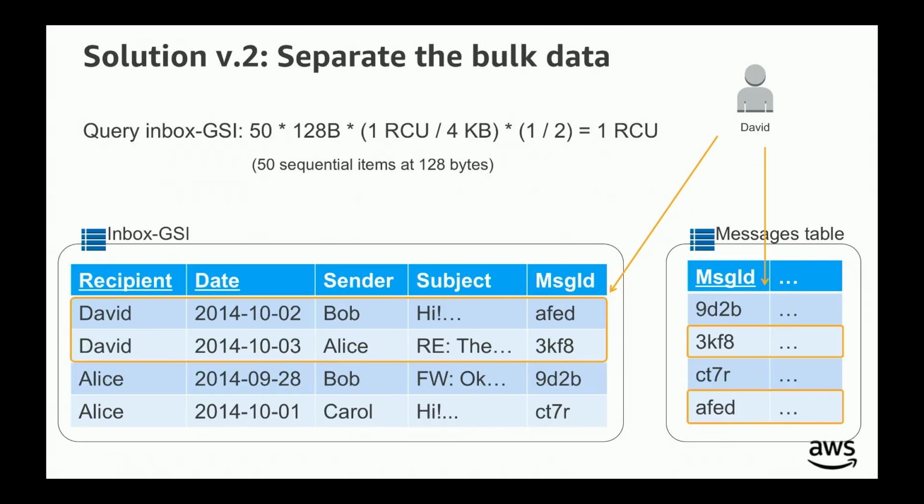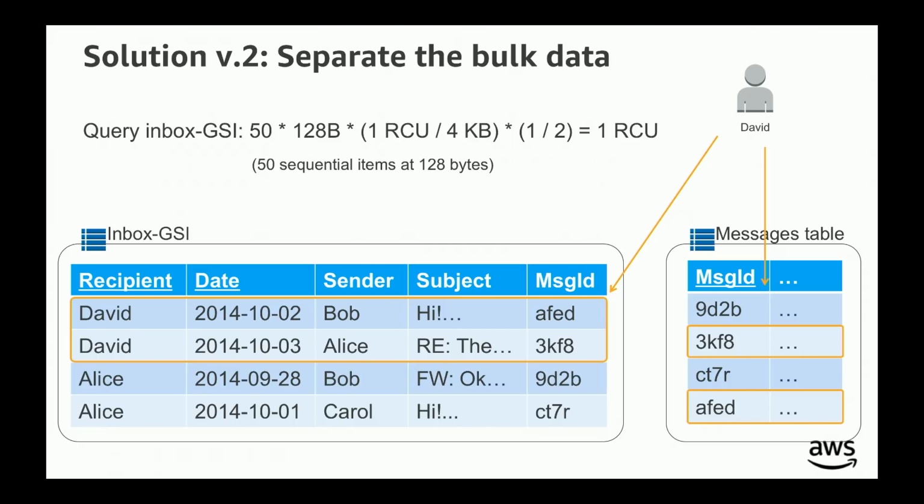And interestingly enough, I have to comment on that. What is the message ID in this case? It's a foreign key, basically, from our GSI back to the table. But now my queries are a lot more cost effective. They're more efficient.